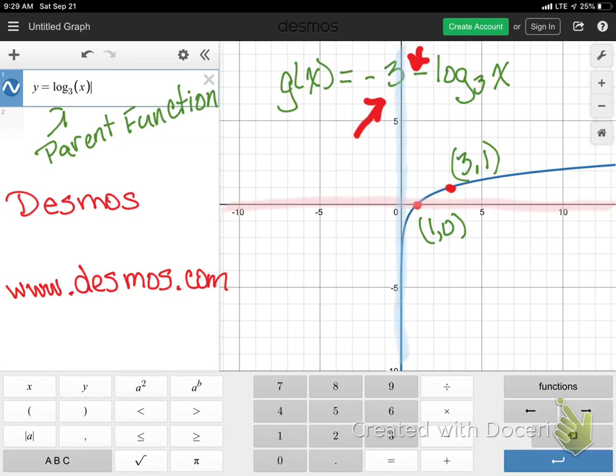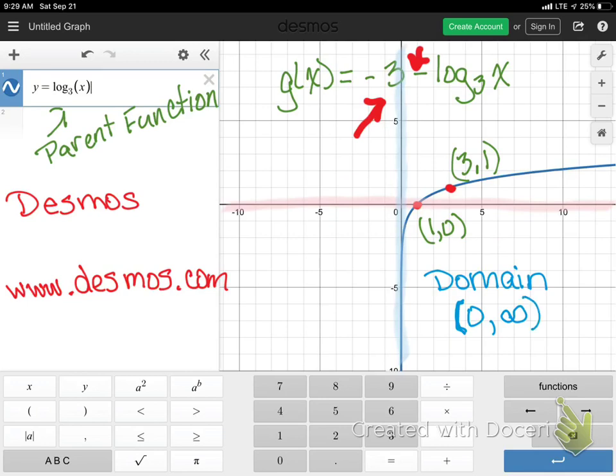So the domain, which is my x-axis, or my x values, the domain never touches 0. So our domain starts at 0, but 0 is not included, and that's why I have my parenthesis right there. And it goes all the way to infinity. And that asymptote is a key point in helping you to determine your domain for this.